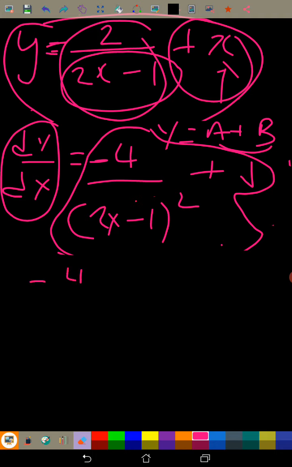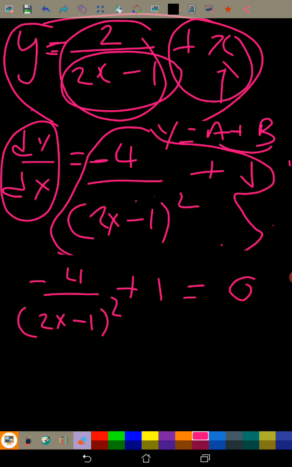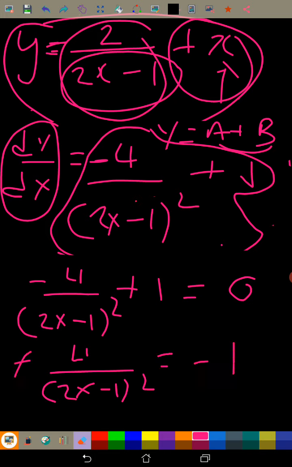We have minus 4 over (2x minus 1) to the power of 2, plus 1, is equal to 0. So we have 4 over (2x minus 1) squared, and minus 1 here.